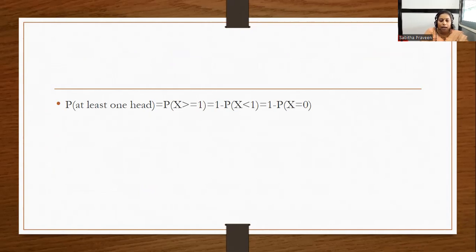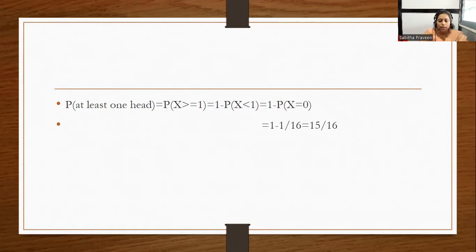So we are using the complementary statement, which is 1 minus P of x less than 1, because here we consider the greater than or equal to concept and the remaining is only less than. So it becomes 1 minus P of x less than 1, which is equal to 1 minus P of x equal to 0. P of x equal to 0 we already calculated. Then you substitute the value: 1 minus 1 by 16 equal to 15 by 16.